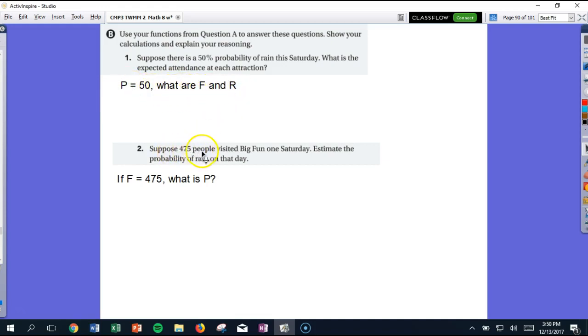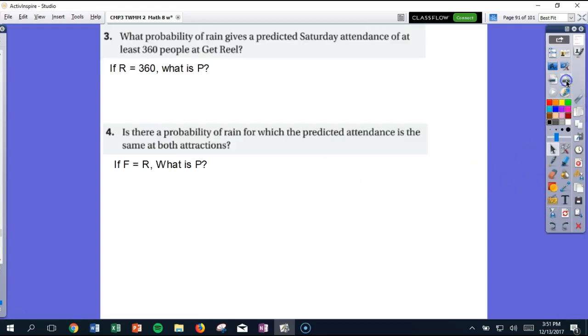Part 2 is, suppose 475 people visited Big Fun one Saturday. Estimate the probability of rain on that day. This time, you're going to plug in 475 for F and solve for P. That's just for the Big Fun equation. You don't have to do anything with Get Real on that one.